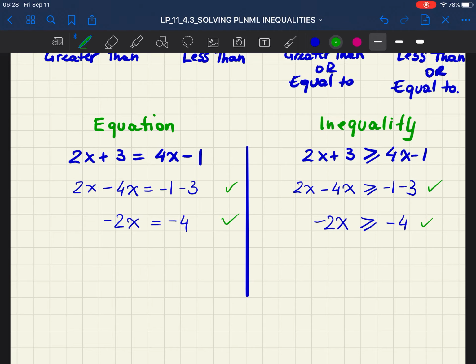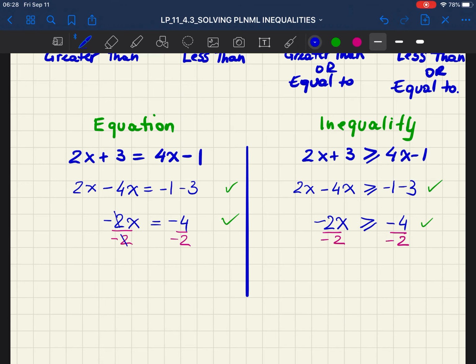The next step in the equation will be isolating x from its coefficient, which is negative 2. That means we are going to divide both sides by negative 2. We're going to do the same thing to the inequality. This will be the last step for our equation.